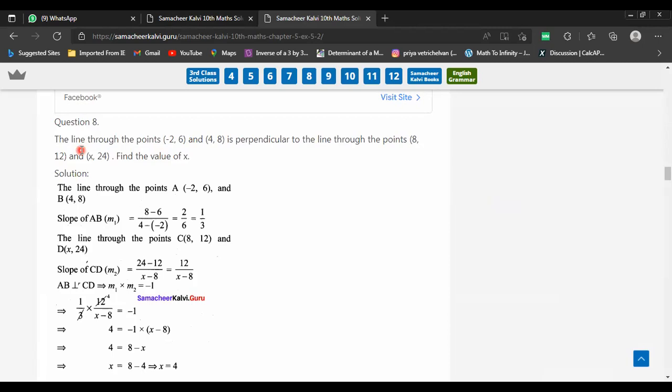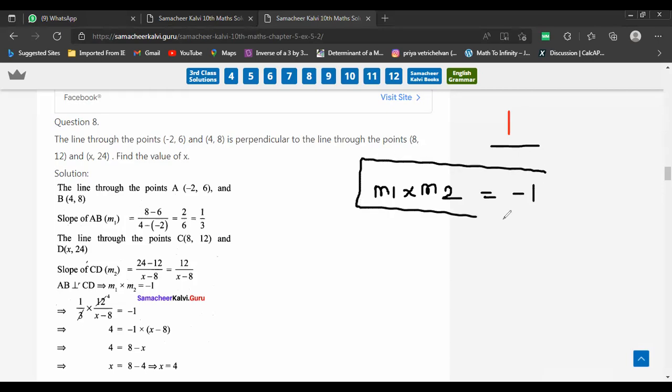When two lines are perpendicular to each other, the product of their slopes is equal to minus 1. Okay, so it is very easy to find the slope.